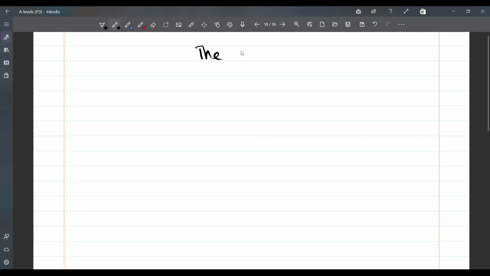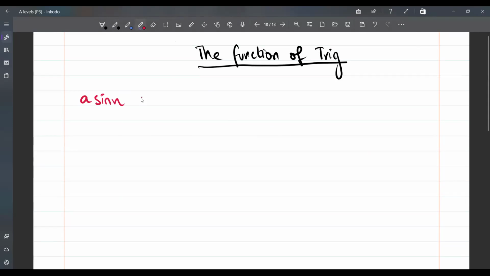So let's say we have a sin x plus b cos x that could not be converted into a single function. So that would be r sin(x plus alpha).